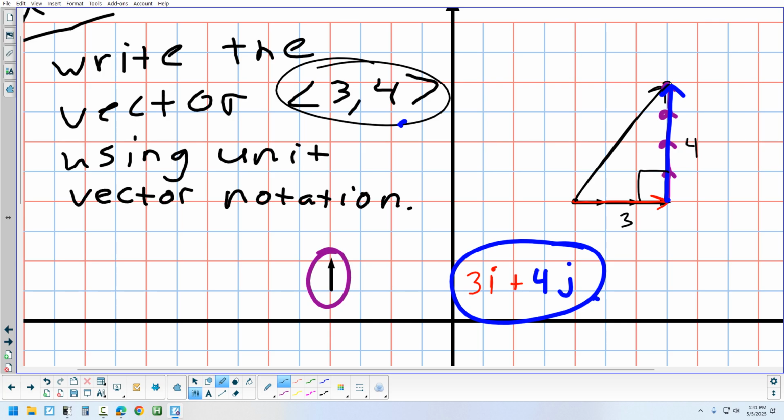What's 16 plus 9? 25. Square root, 5, yeah. So when we start finding the length of a vector, we're going to use the Pythagorean theorem, which I'm assuming is what you were doing. That's why you square this, and then you add them up together. Take the square root. Yep. So finding the magnitude of a vector is very easy, as long as you know those two numbers.